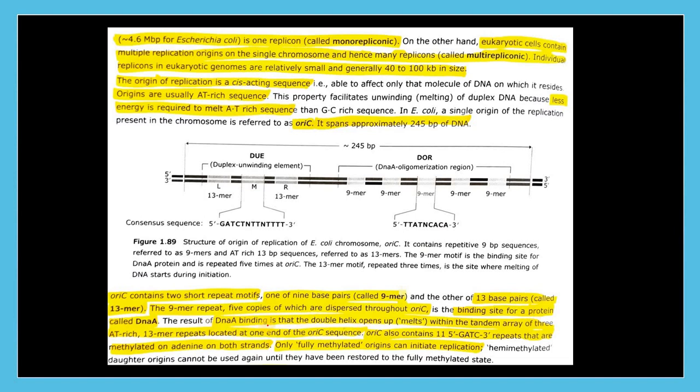Now this DnaA comes along with ATP to bind to the double helix and will melt within the tandem array of 3 AT rich 13-mer repeats. So it will bind here and slightly bend the DNA and then melt this 13-mer region. Now the 13-mer repeats are located at one end of the OriC sequence. So that is melted.